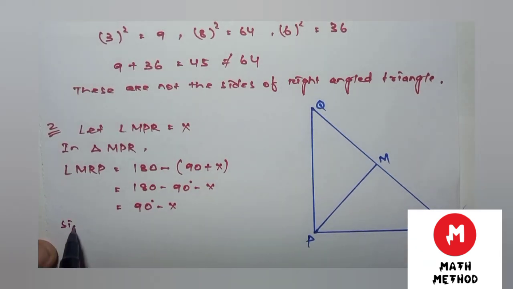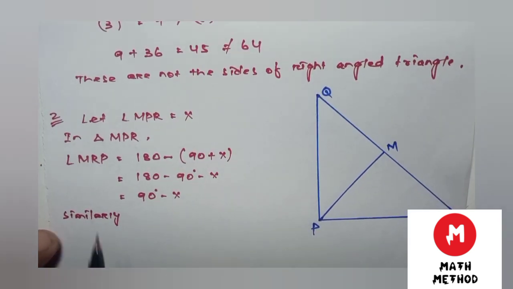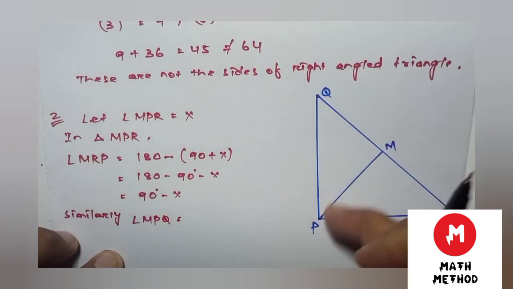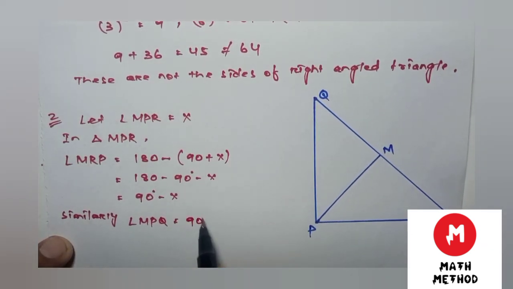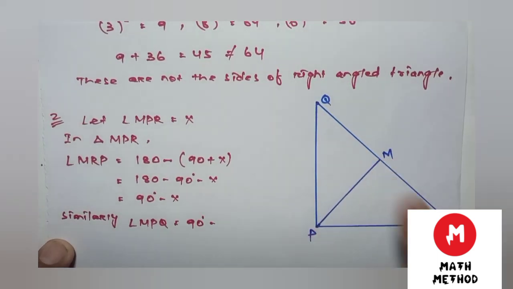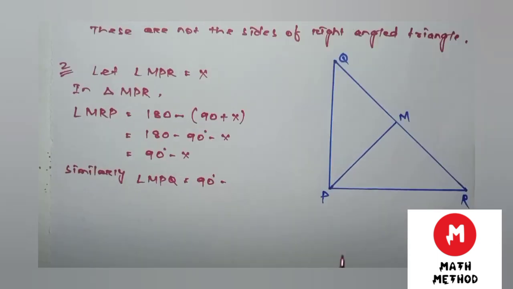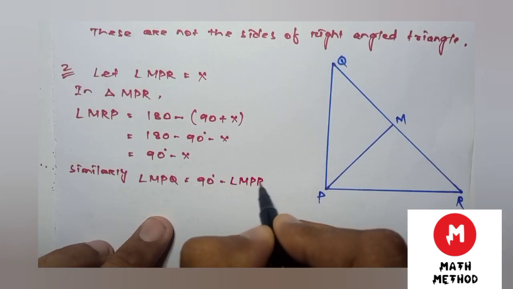Similarly, we have to find out angle MPQ. So angle MPQ is equal to 90 degree minus angle MPR.